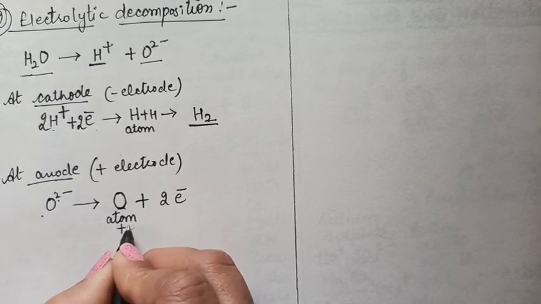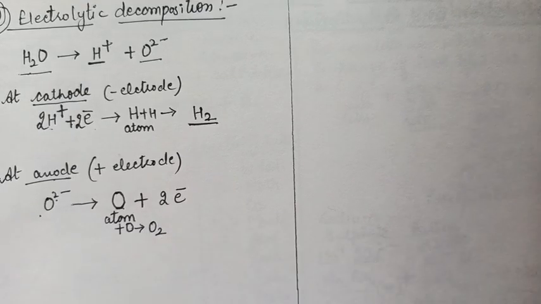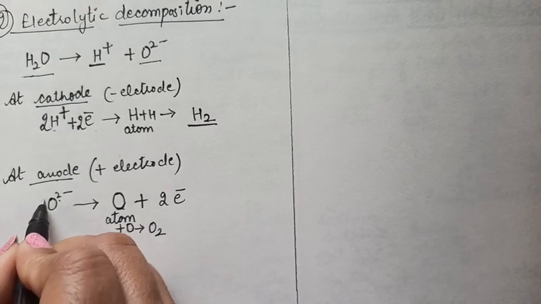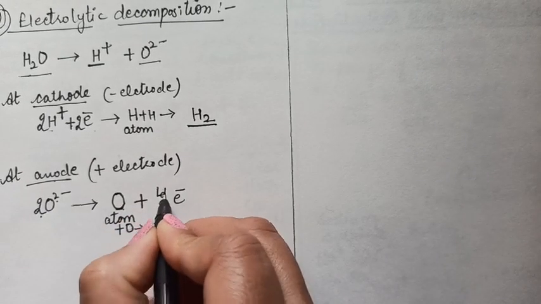So it combines with another O and forms O2. Okay, now on balancing, here it will become 2, and 2 twos are 4, so here 4 electrons will come.